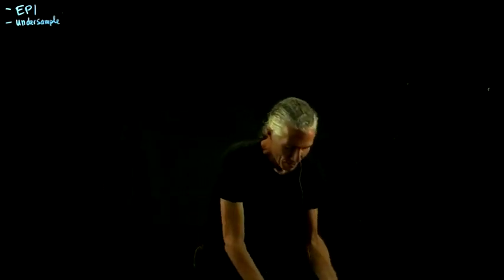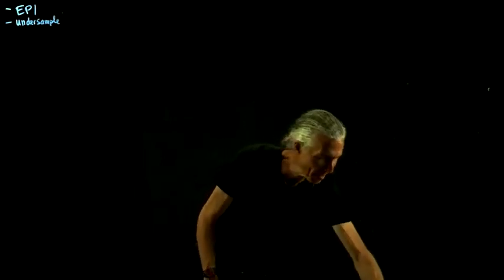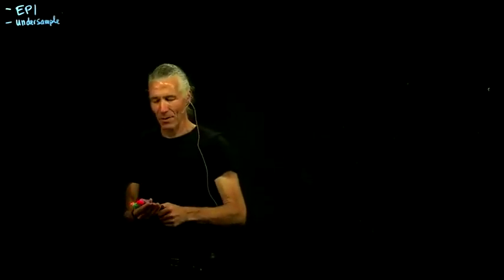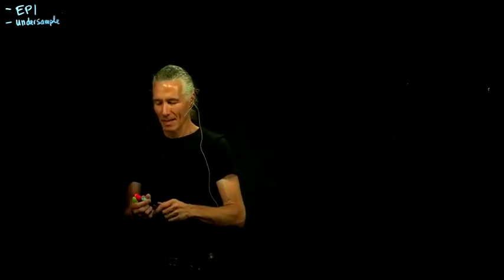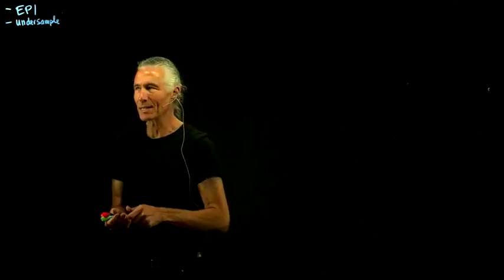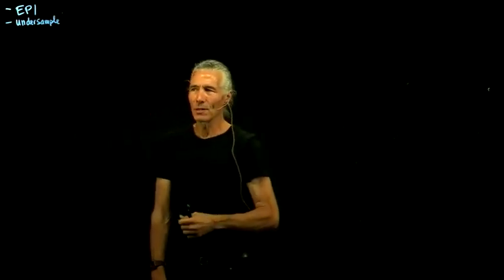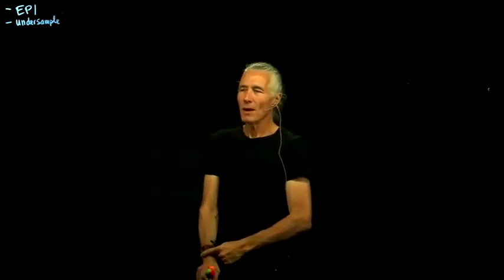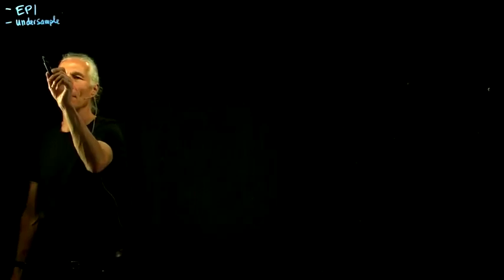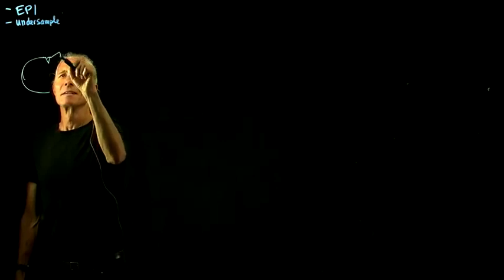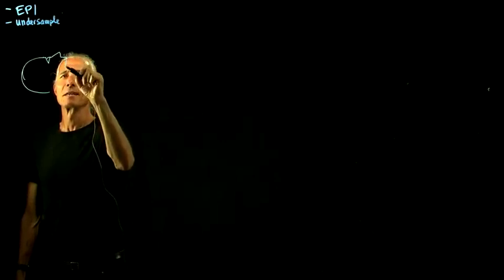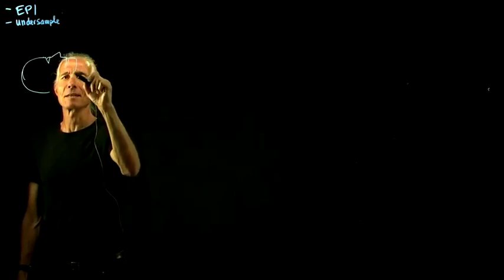So first, the somewhat garden path sort of intuition. And so the intuition is, if we've got multiple coils, we might be able to undersample. So here's a person smiling because they're liking being scanned.